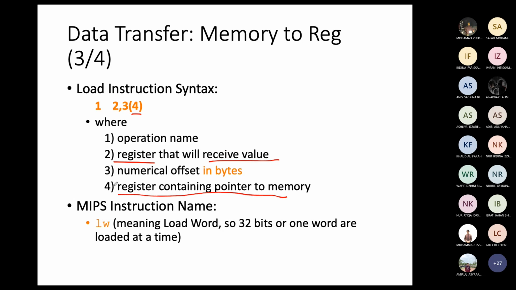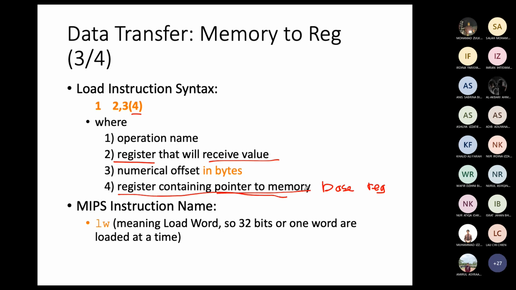This register becomes a constant register used to store the memory address, which we call the base register. The third column is for the numerical offset in bytes. So how many bytes do we need to jump from the memory pointer?